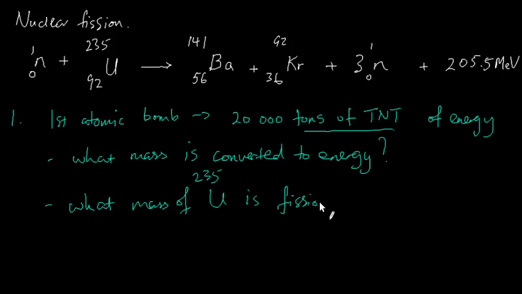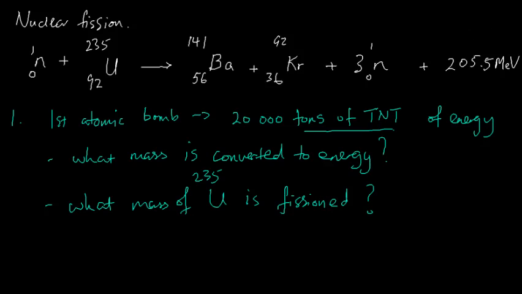I was going to say is used, but I'm not exactly sure if the efficiency is 100%, although it might be. So I'll just say exactly what mass of uranium-235 has to be split in order to produce this amount of energy.